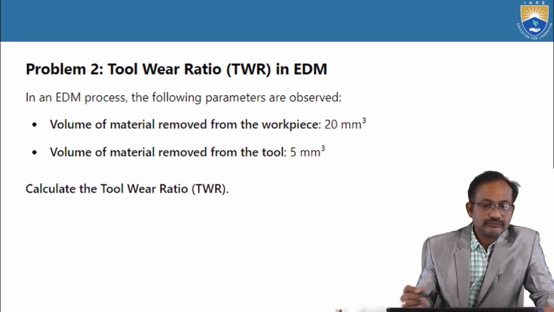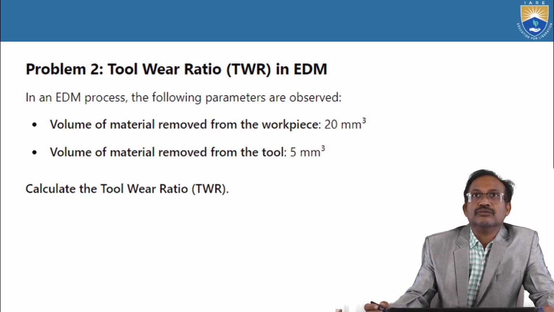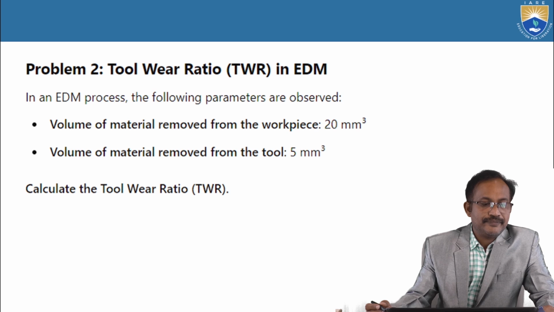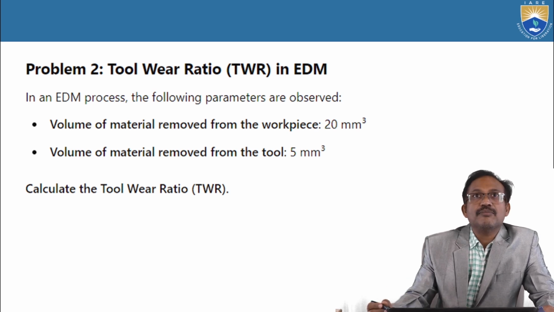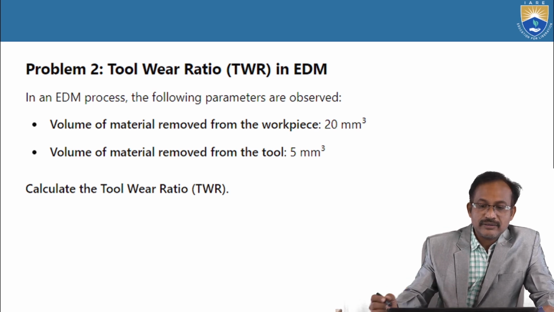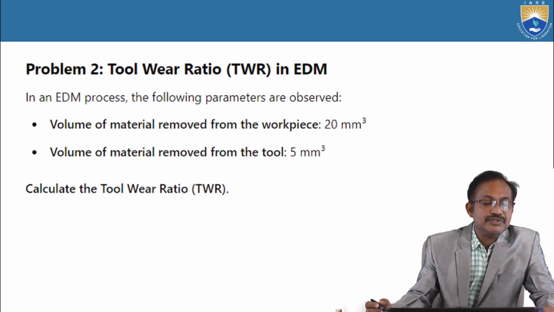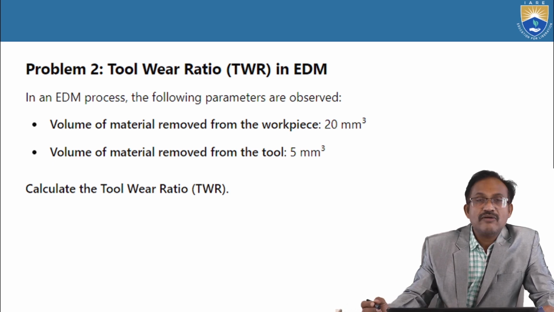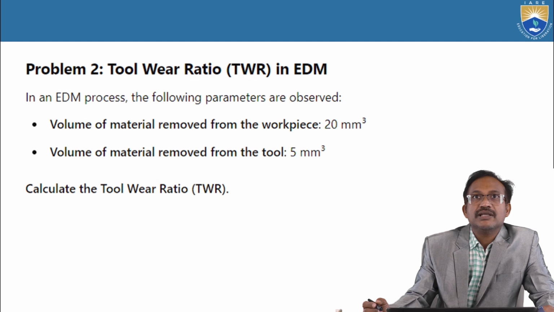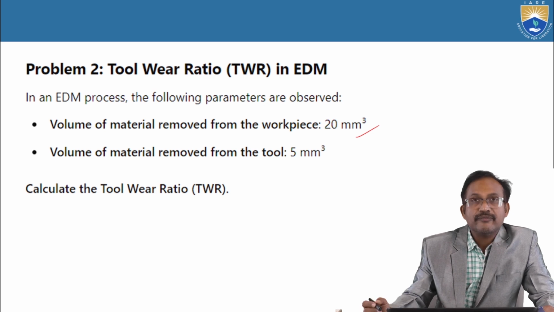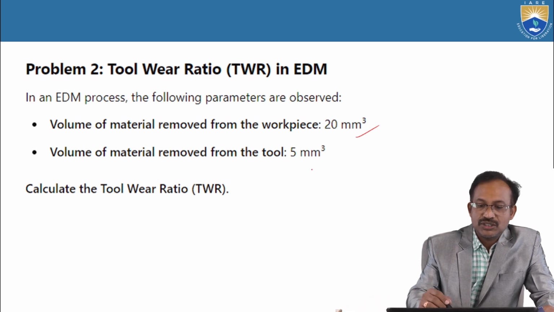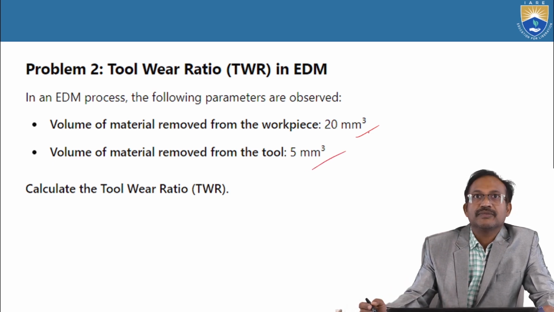Problem 2. Tool wear ratio in EDM. In an EDM process, the following parameters are observed: volume of material removed from the workpiece is 20 mm³, volume of material removed from the tool is 5 mm³.